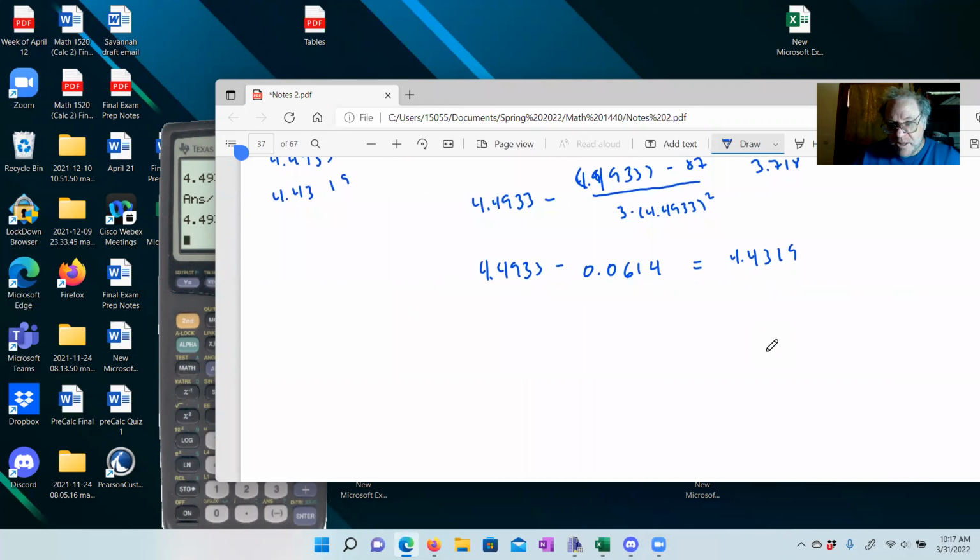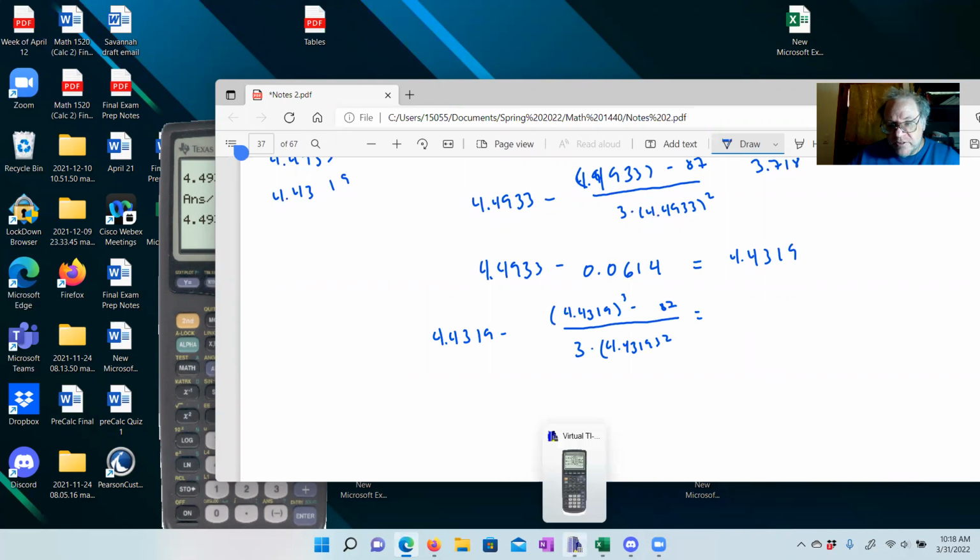So 4.4319 minus 4.4319 cubed minus 87 divided by 3 times 4.4319 squared. But let's see what happens.